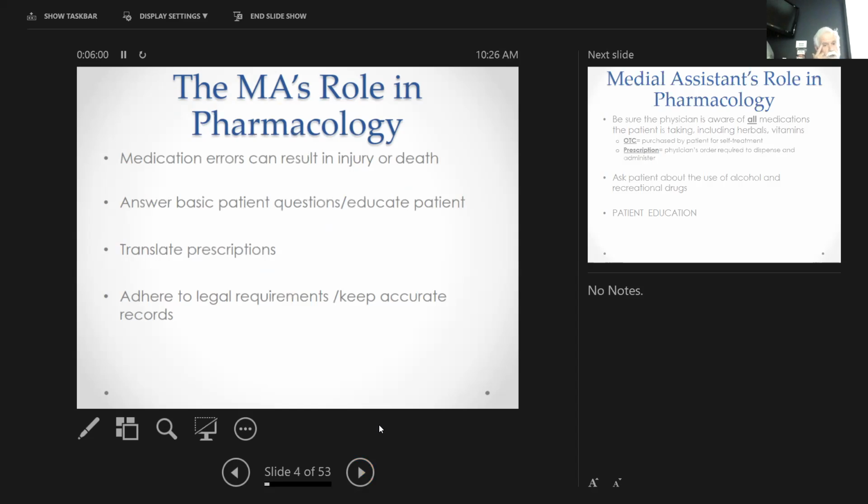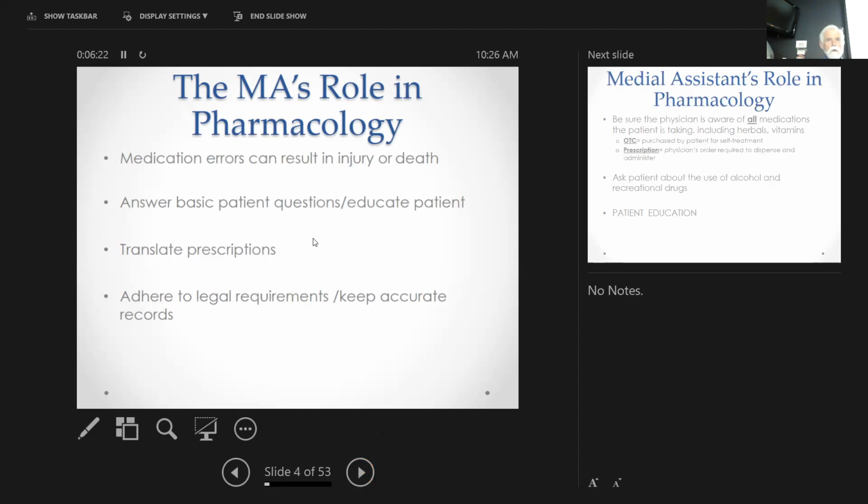But if the patient says to you, well, how do I take this drug? Or what's this drug for? Because a lot of times they won't ask the doctor that question. Drives you nuts. But a lot of times they won't. So we need to be able to answer some basic questions.